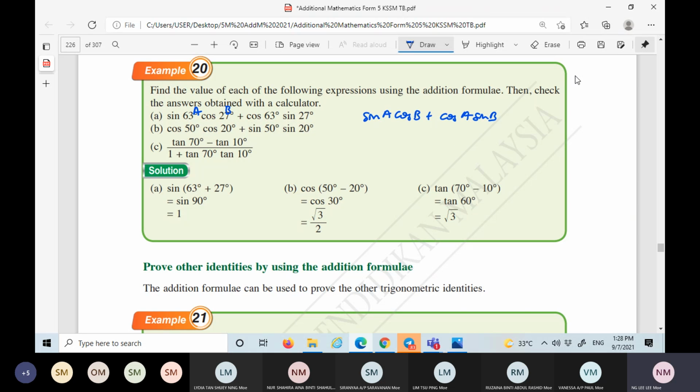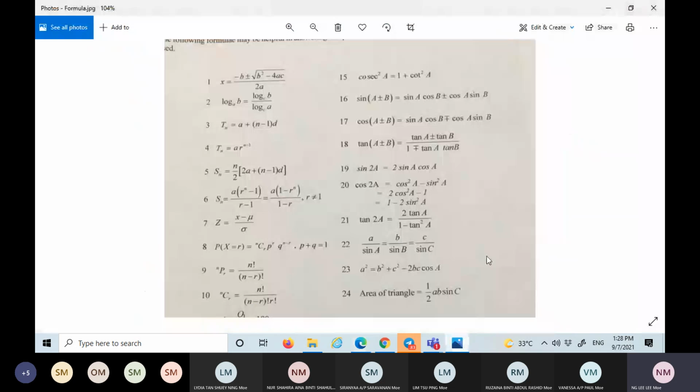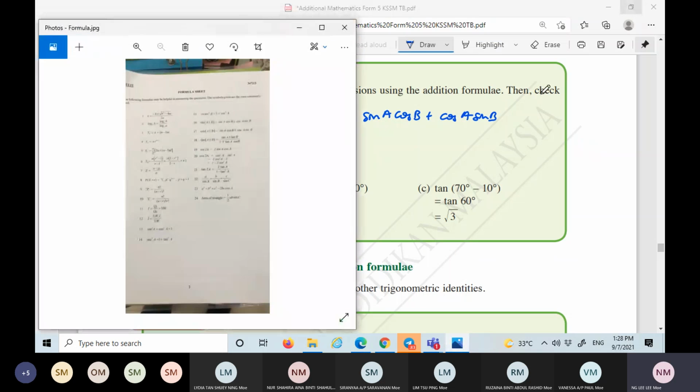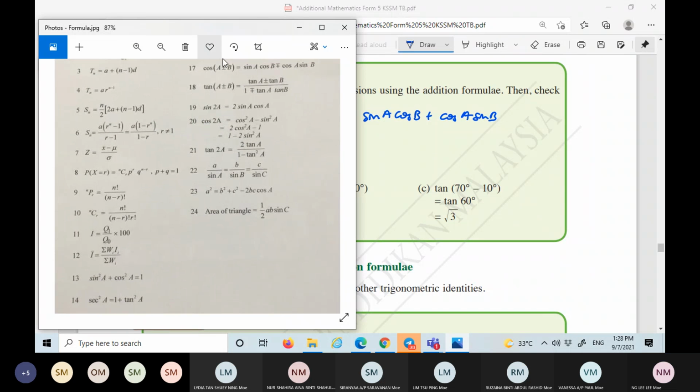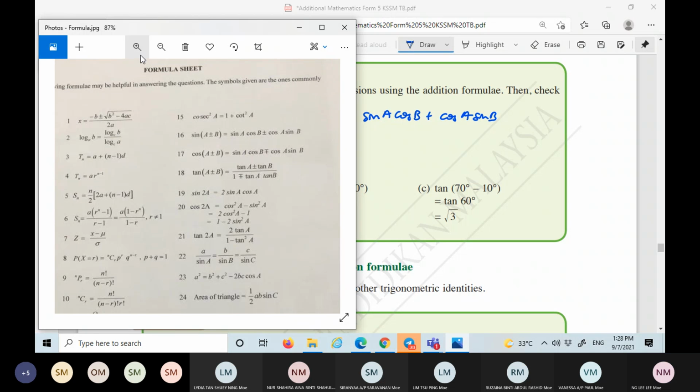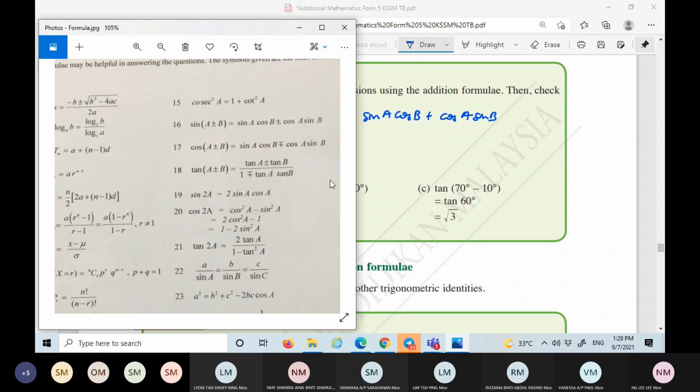So which formula should you use? Sine A cos B plus cos A sine B, so plus the one on the top.